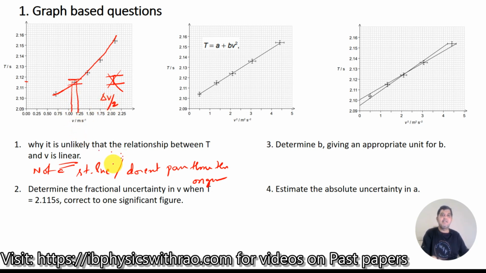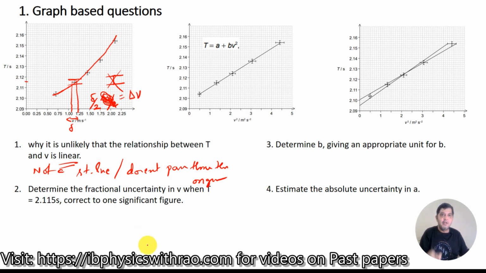This will give you the uncertainty delta V. This is going to confuse you, so I'll not write delta V by 2. I'll say whatever value I get here, let me call this delta. Now you need to find this delta divided by 2. This will give you delta V.